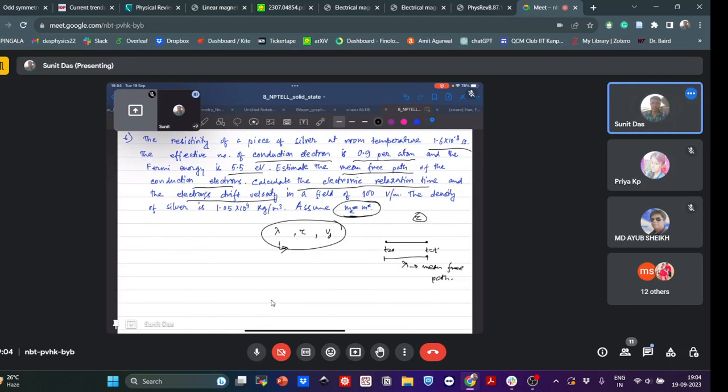This expression means the effective mass is actually equal to the electronic mass. Another piece of information given is the atomic weight.